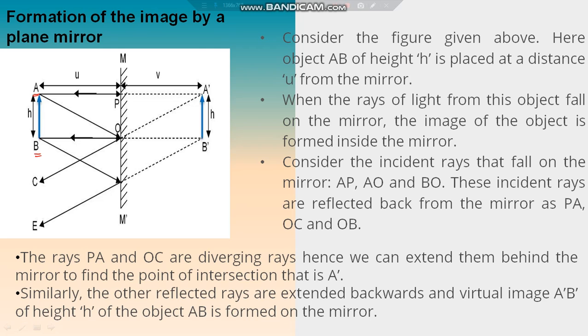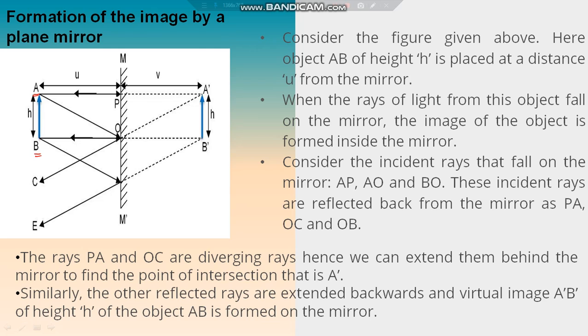But you can see that the two reflected rays are not meeting at any point, and hence they do not form a real image. They only appear to meet at a point, and hence they can form only a virtual image.